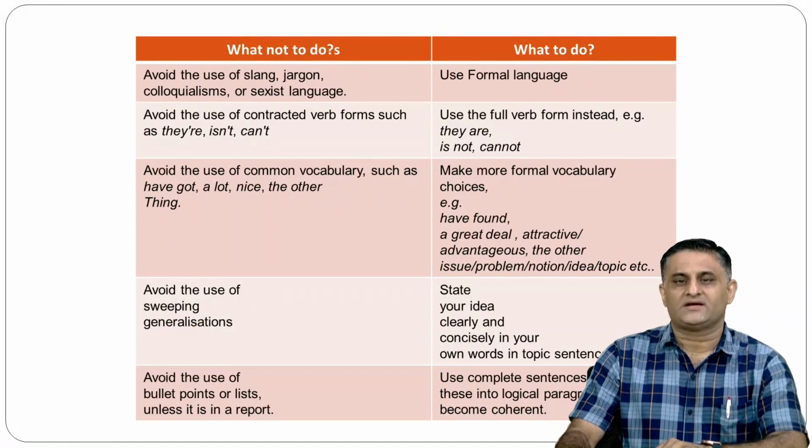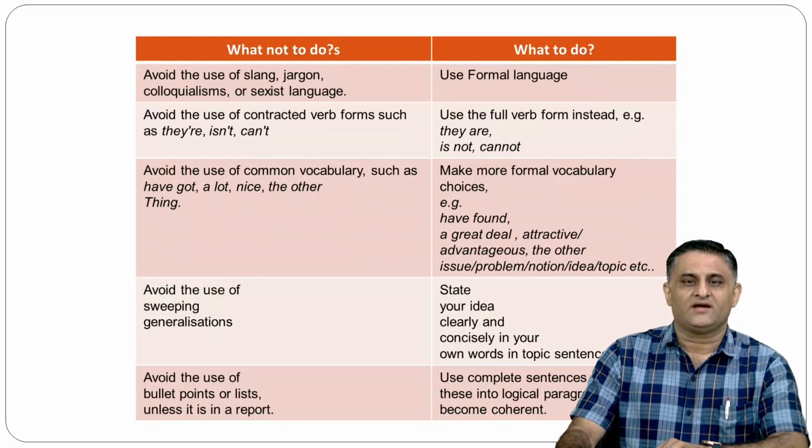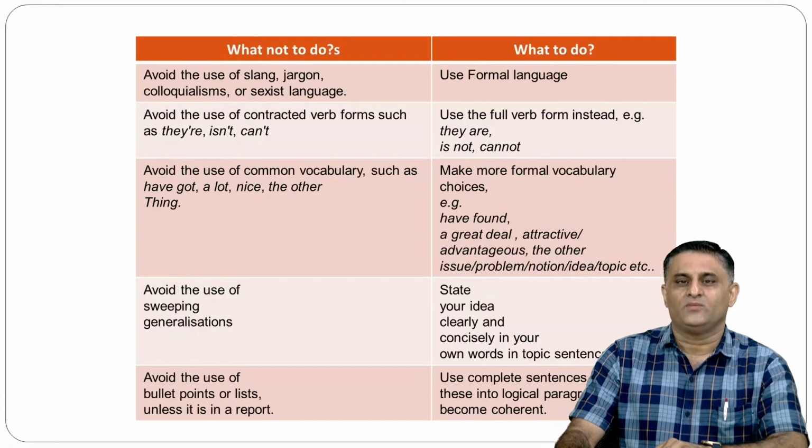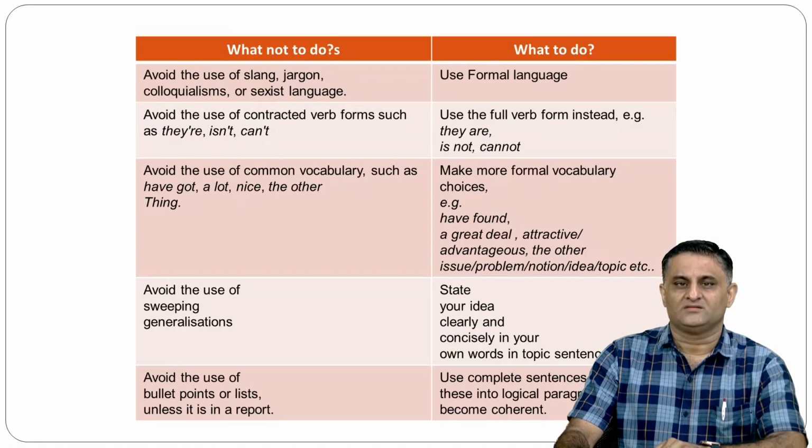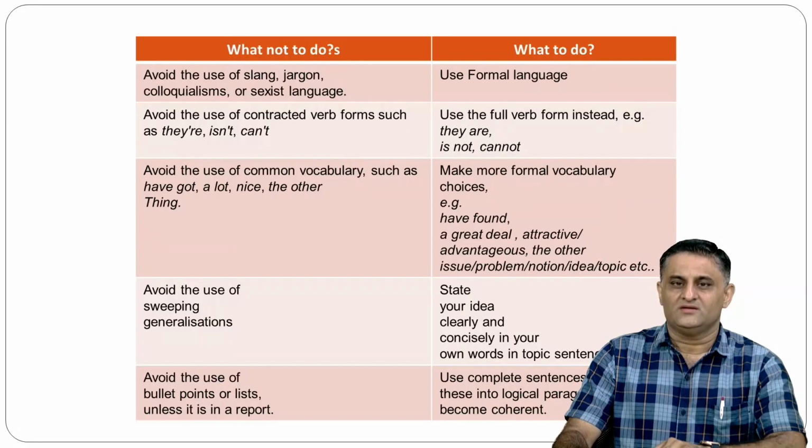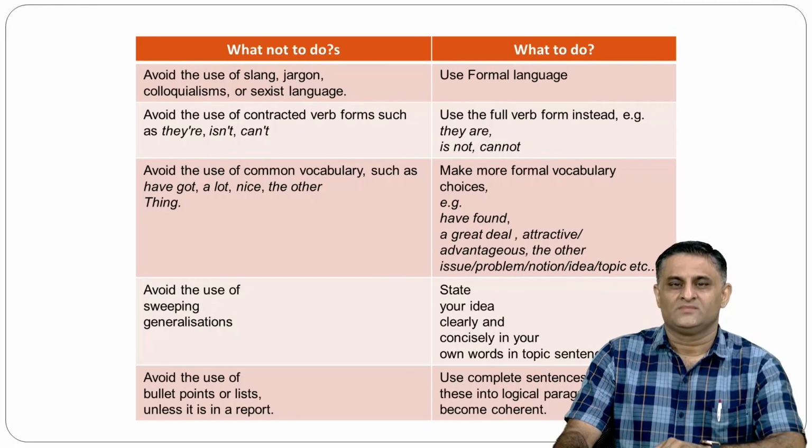Next is contractions. It advises against using contracted verb forms, for example, they're, isn't, can't, and recommends using the full verb form: they are, is not, cannot, which enhances clarity and formality in the writing.